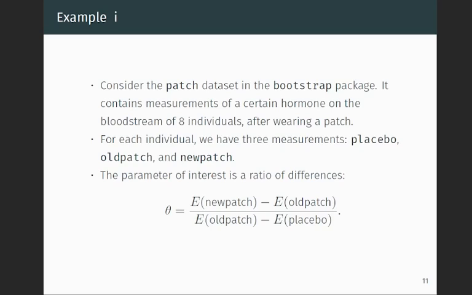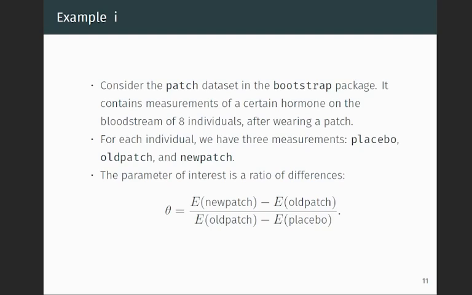And the idea here is that if theta is greater than 1, it means that the change between new patch and old patch is larger than the change between old patch and placebo. On the other hand, if theta is less than 1, the opposite is true.